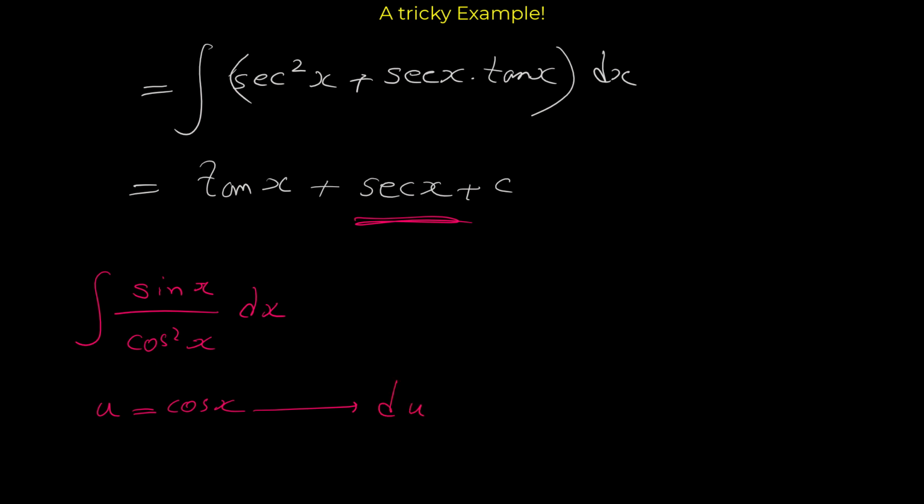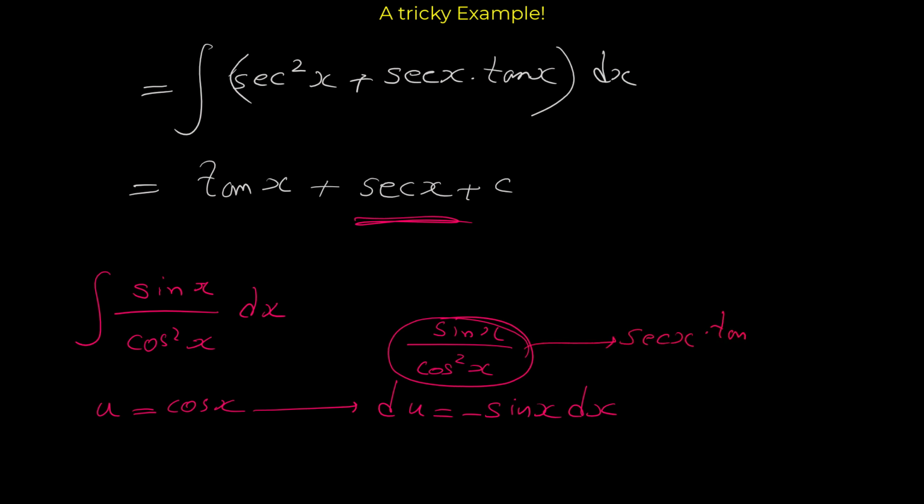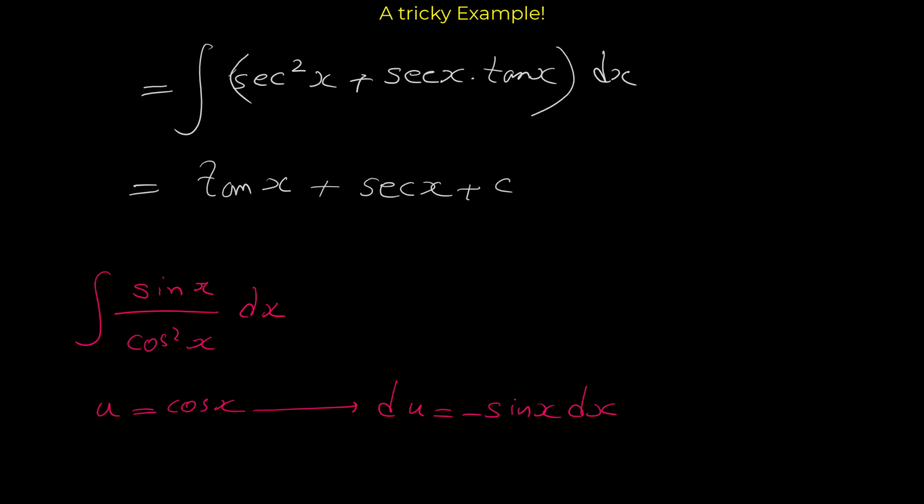Then du would be negative sine x dx. The reason I am showing you this is that sometimes for a student, sine over cosine squared is not really easy to write as secant x times tangent x. So maybe this is a better way for finding that integral. This is more normal. Let's do the substitution.